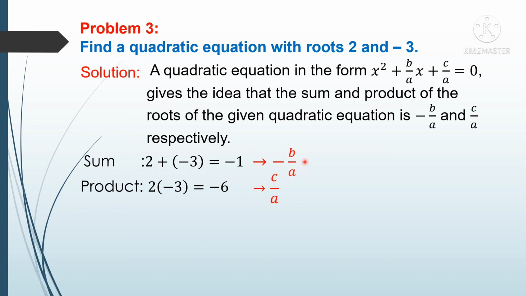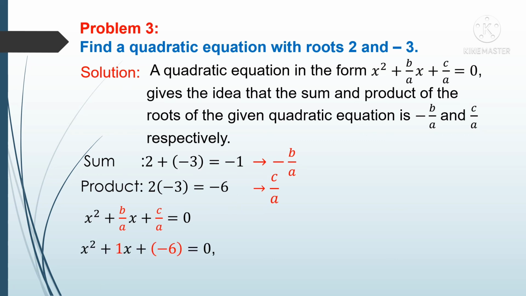Because this expression, negative b over a, implies the sum of the roots of the given quadratic equation, while c over a implies the product of the roots of the given quadratic equation. From the quadratic equation in the form of x squared plus b over a of x plus c over a equals 0, we can replace b over a and c over a by negative 1 and negative 6 respectively.